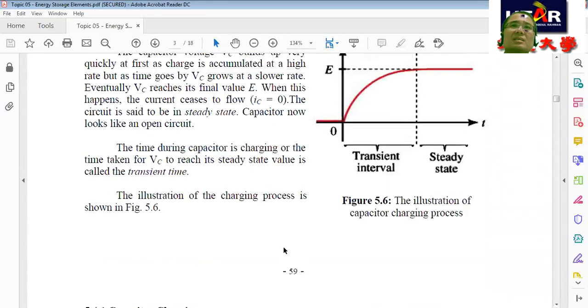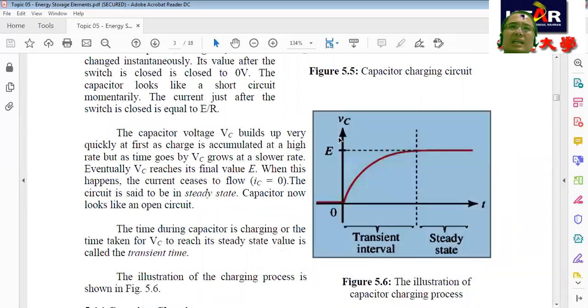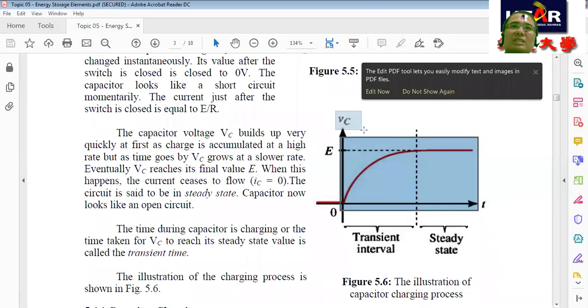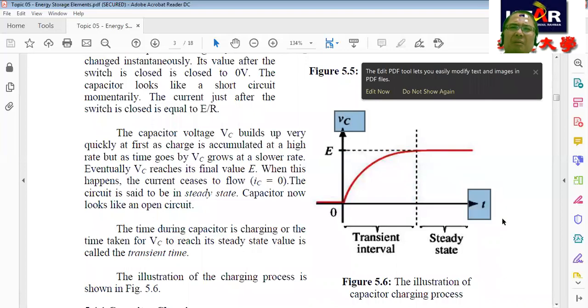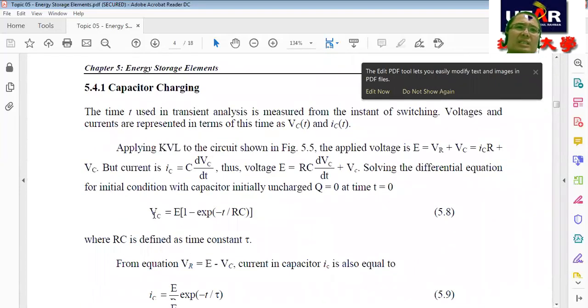The charging process of voltage VC against time can be given by this equation.